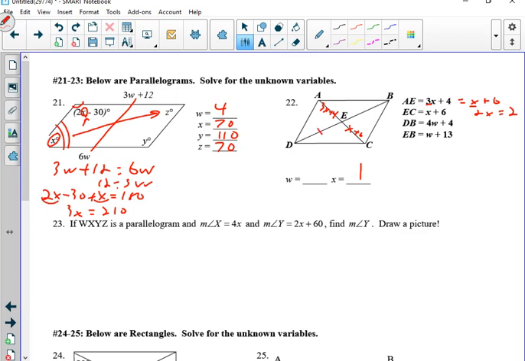And then DB and EB are equal to each other. Right? I'm sorry, DE and EB. But this is DB. So DB is the whole thing. EB is half of that. So EB is half of DB.